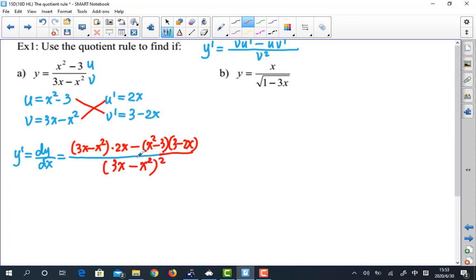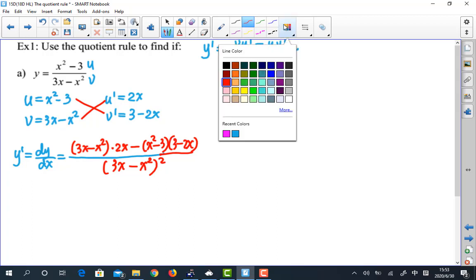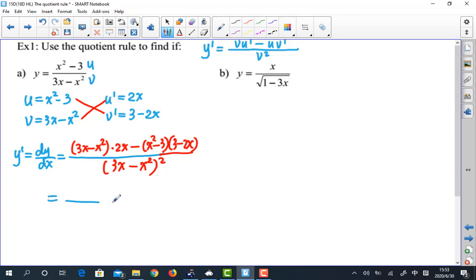In the quotient rule, we expect you to simplify the numerator. You don't need to expand the denominator, but you're expected to simplify the numerator. Let's simplify the numerator. So keep the denominator, the numerator.